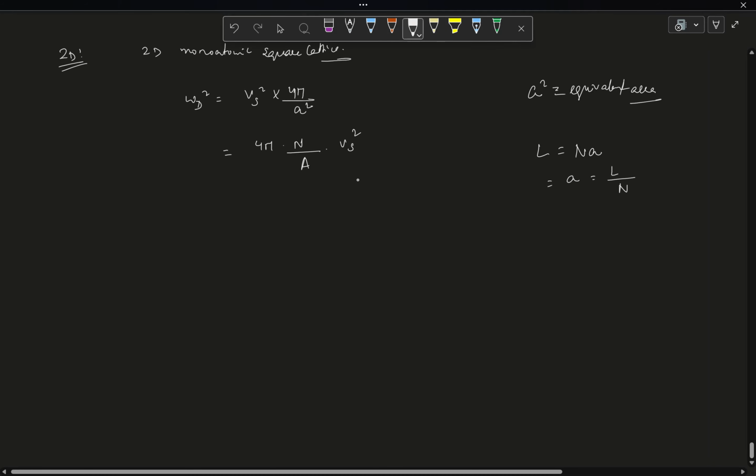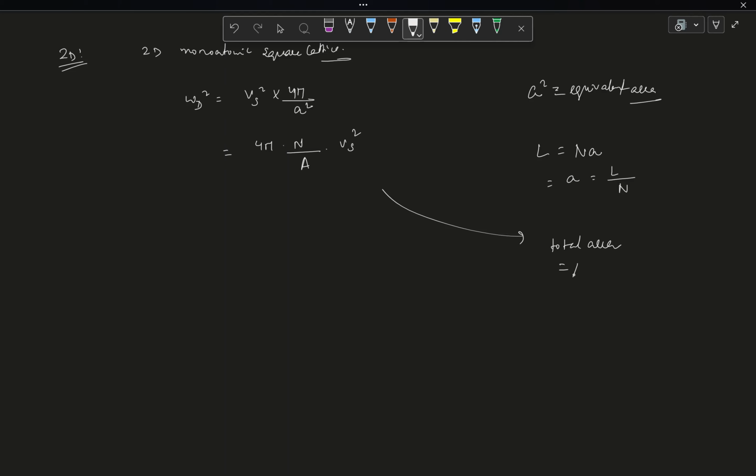So similarly here, your total area A equals N times A squared. So this is the individual unit cell area A squared, and A is the total area. So for all N atoms, A squared is like A by N, or 1 by A squared is N by A, right?